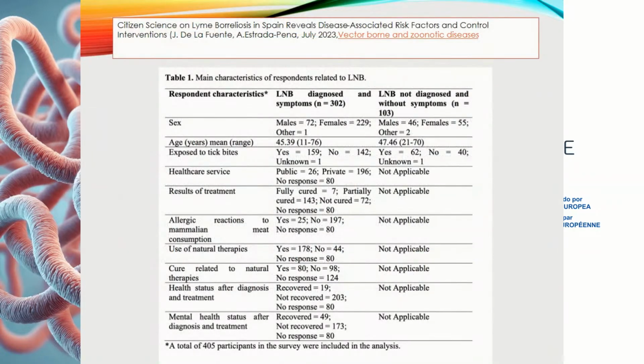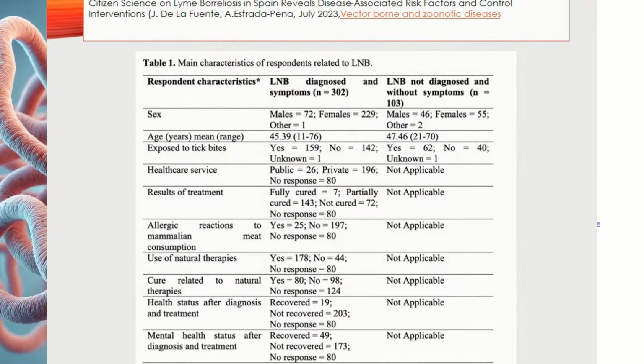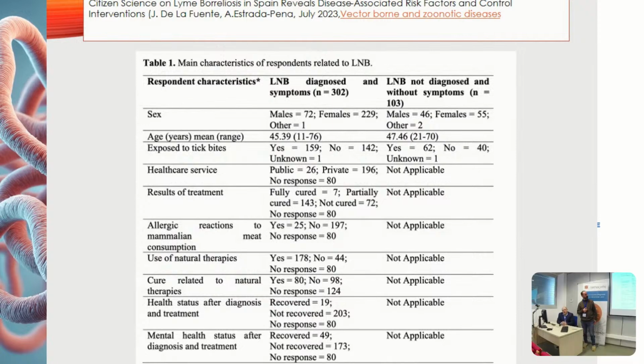In Spain, for example, there is José de la Fuente and Estrada Peña, a veterinarian from the Universidad de Zaragoza. There is a publication from 2023, a citizen survey of 405 patients.